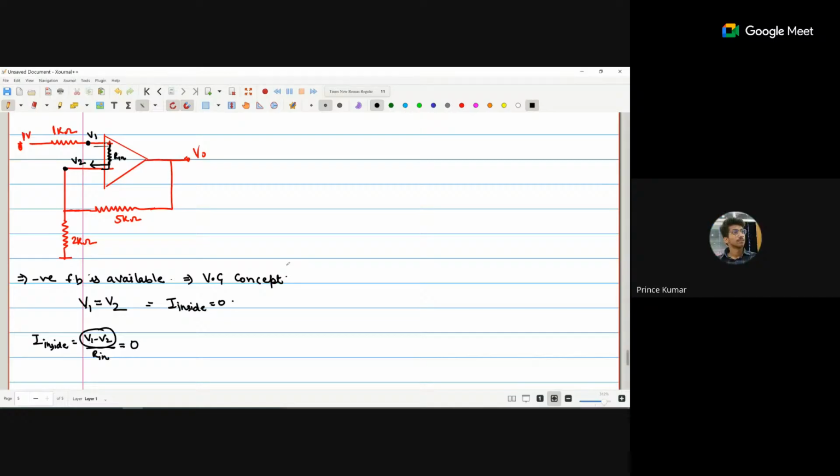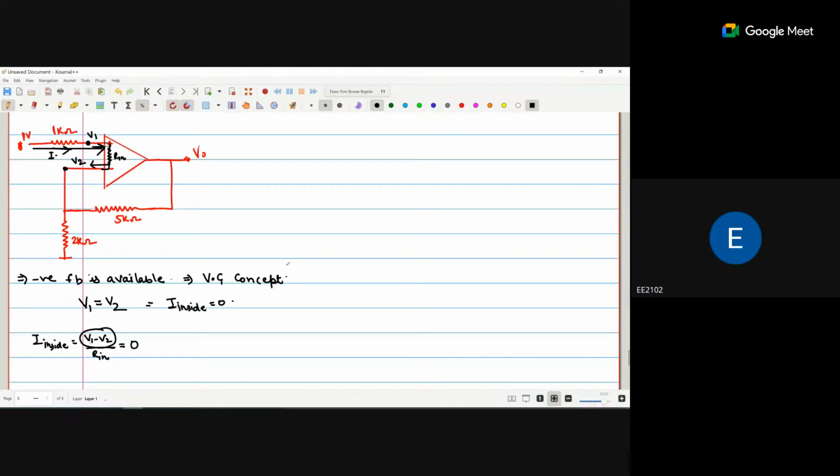Now, if no current is going inside the op amp, that means for the positive terminal only one path is available for flowing the current. And if no current is flowing inside the op amp, that means no current is flowing through the 1 kilo ohm resistor also.